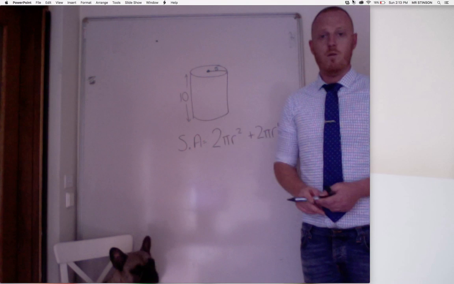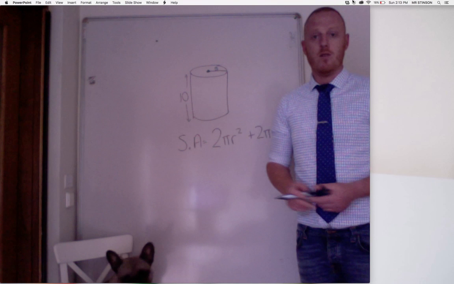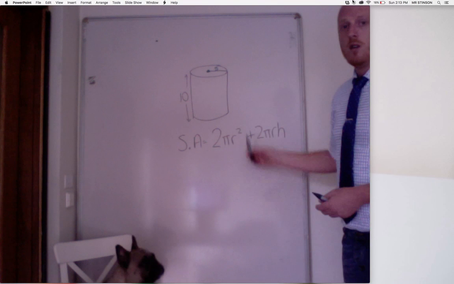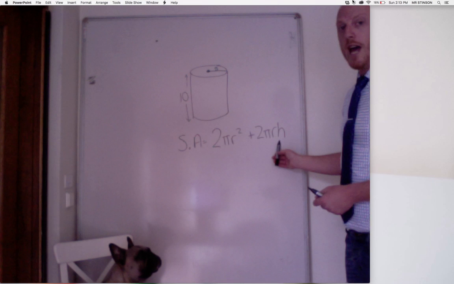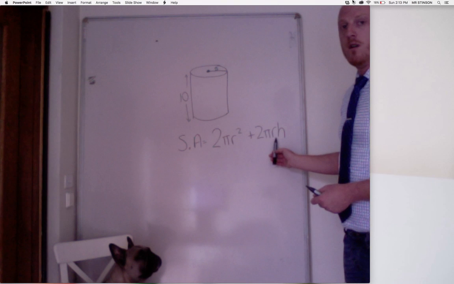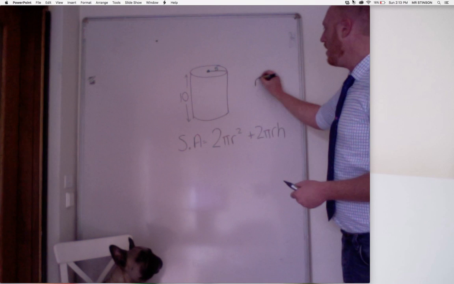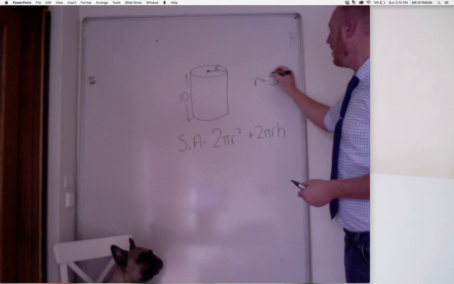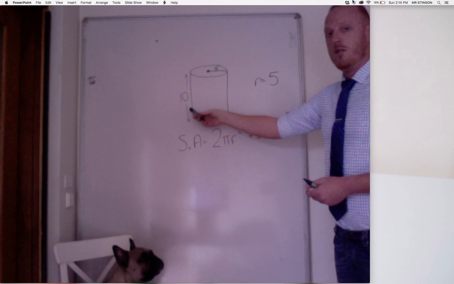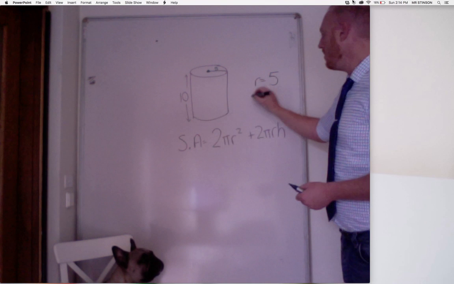And step 2 would be to write in our values. If we look at the formula, we need to know what r is, and we need to know what h is. R is equal to 5. H is equal to 10.